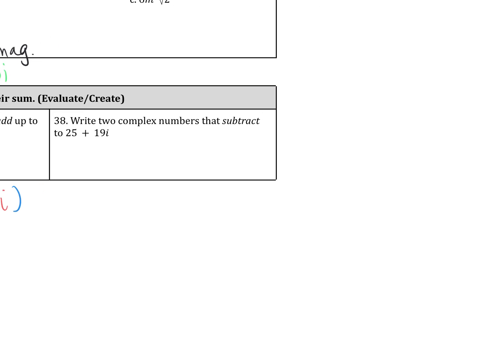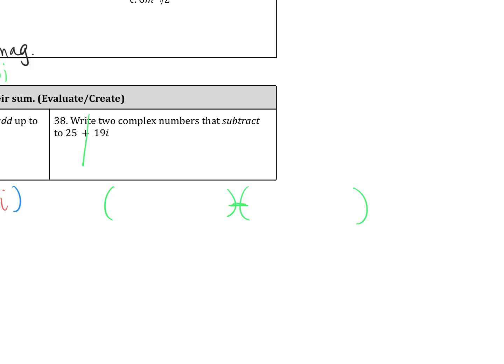38 is the same way. You can view it separately, right? You have to think of two numbers that subtract to be 25. Oh goodness, no, we have to be careful because we're going to have to subtract the whole thing. So we have to list it correctly. So let's see, what subtracts to be 25?